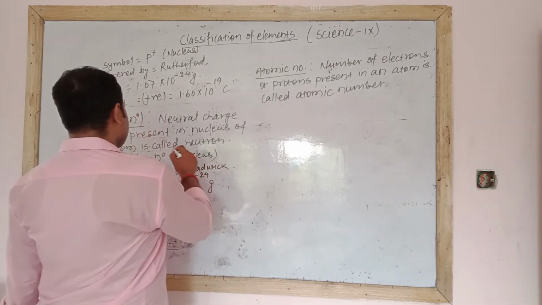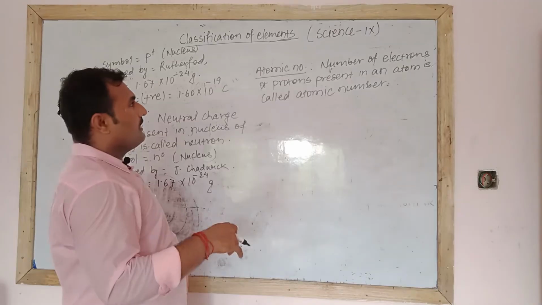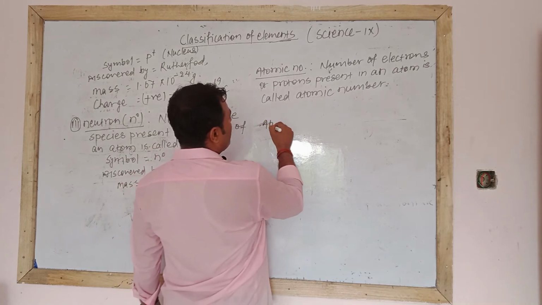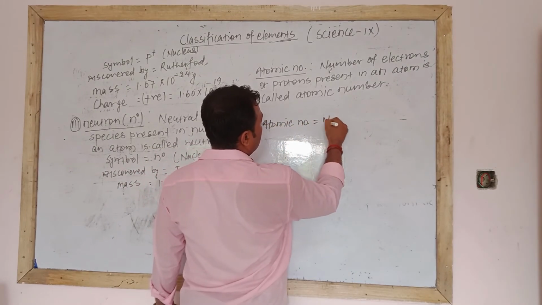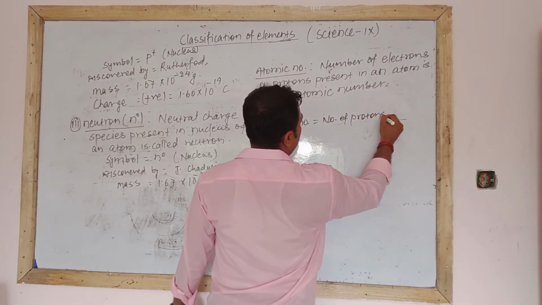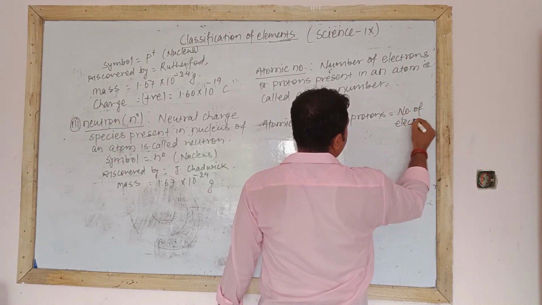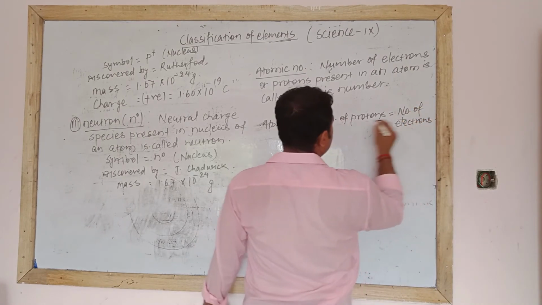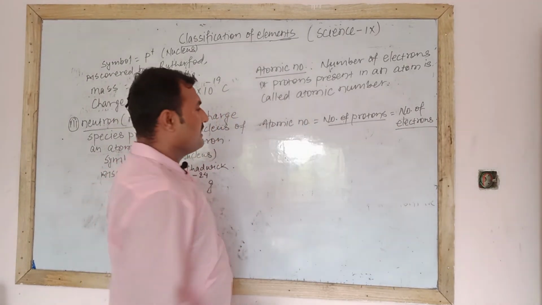That is, the number of negatively charged particles, electrons, equals the number of protons. Here we write: atomic number equals number of protons equals number of electrons.